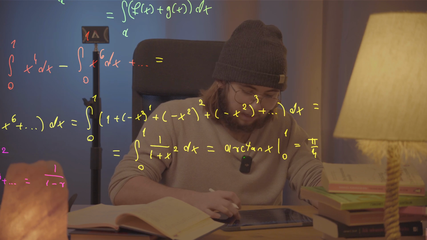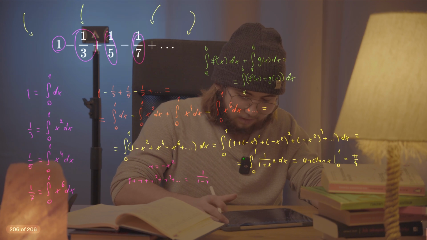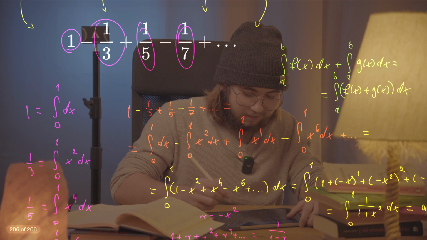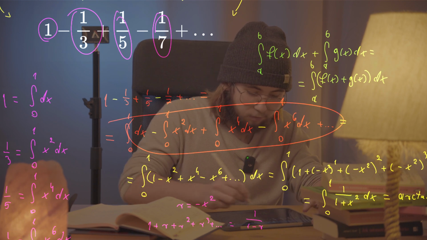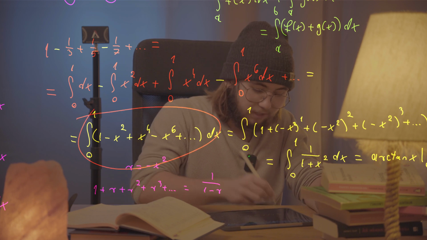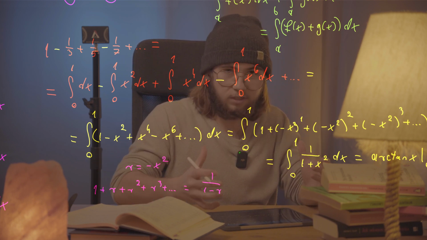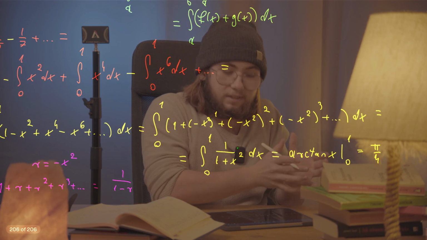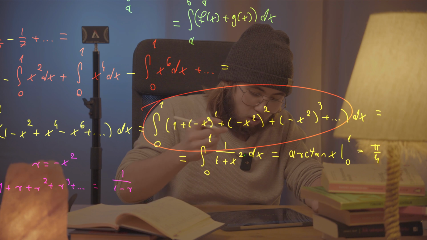And so what we actually end up with is that, just think about it, this sum we're supposed to evaluate is equal to this infinite sum of those integrals, which is actually equal to this integral of this infinite power series, which very nicely gets rewritten as this guy over here.